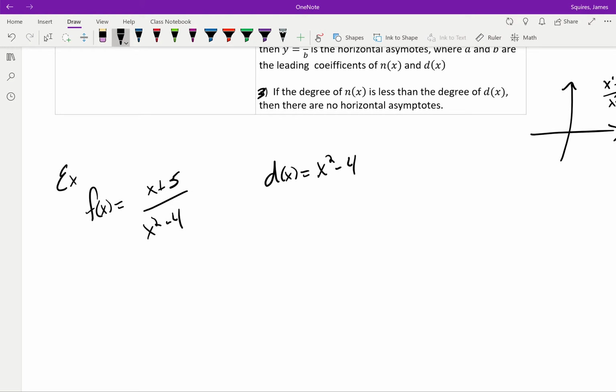Now note, x squared minus 4 can be written as x minus 2 times x plus 2. And so d of x equals 0 when x equals 2 and when x equals negative 2. So d of x equals 0 at x equals negative 2 and positive 2.